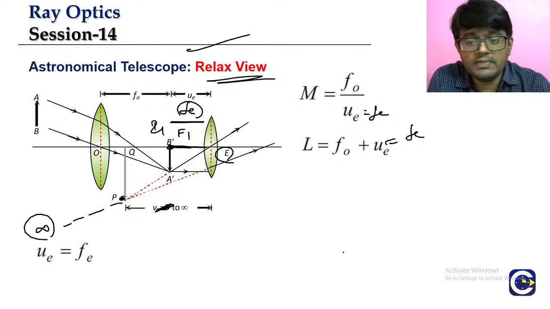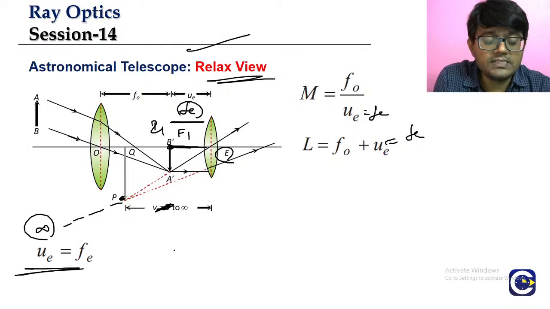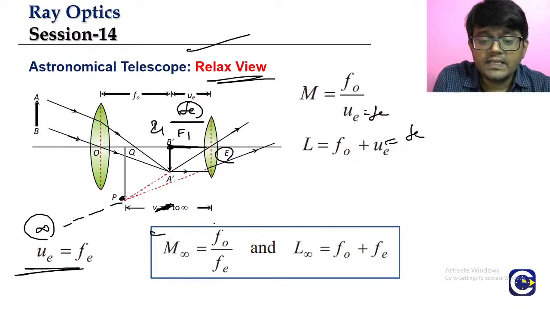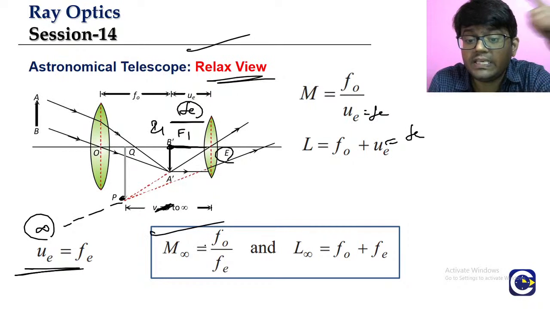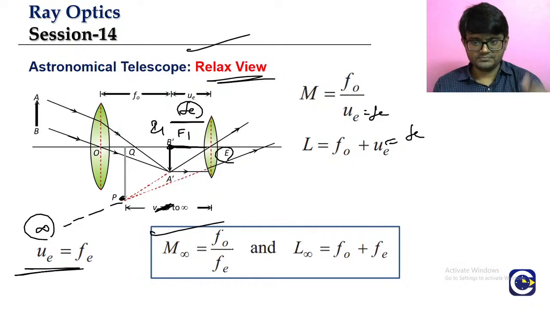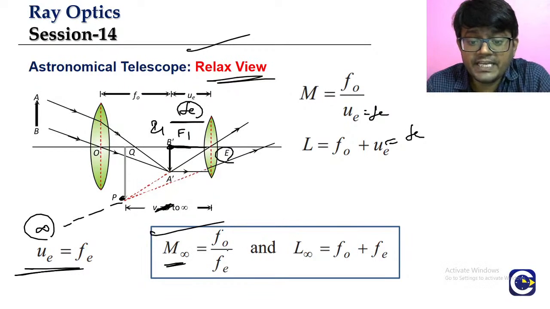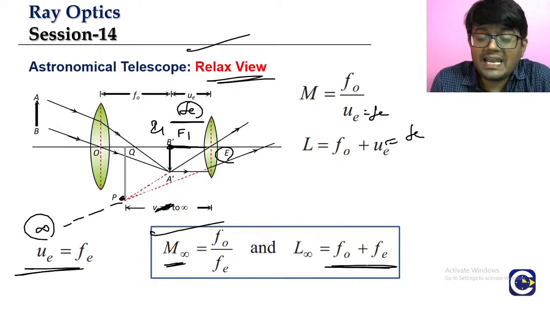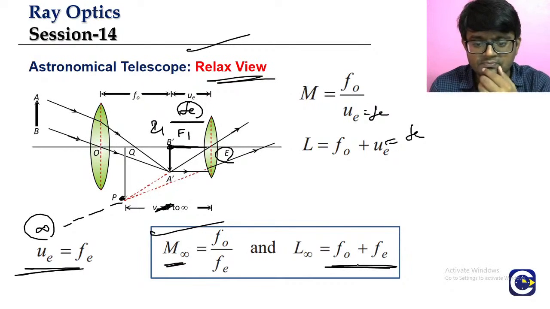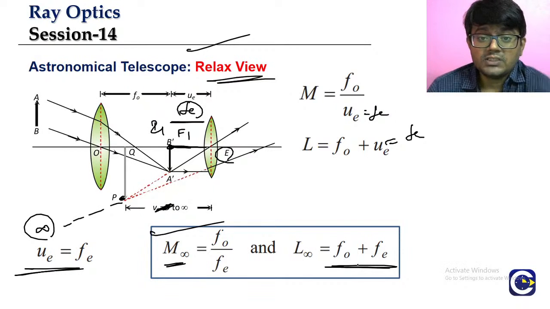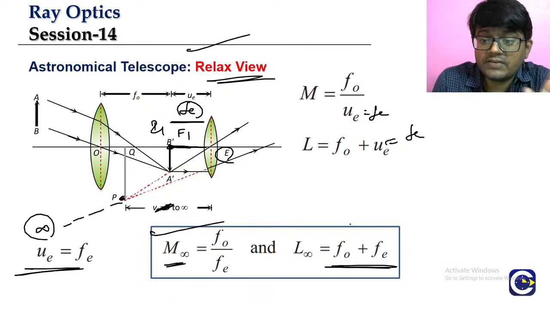That's it. So what will be the formula? If UE is equal to FE, the corresponding magnification is FO by FE, with the final image formed at infinity. What is the length of the astronomical telescope? FO plus FE. And remember what we talked about? The focal length comparison, we said what?